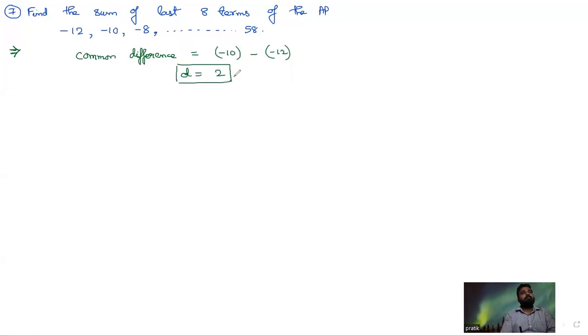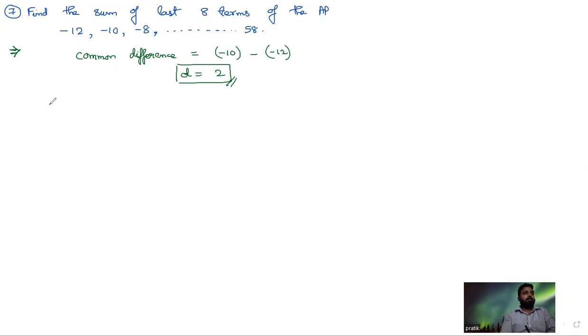Now you might think that I can assume the first term to be minus 12. Yes, you can, but that is when you're finding it from the first. But they're telling you to find only the 8 terms of the AP, and that too from the last. So I'll consider the AP the other way around.